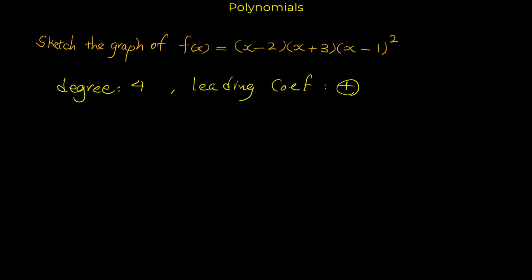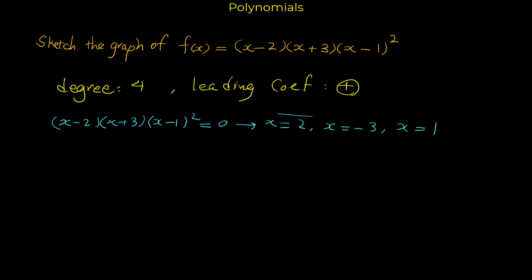What are the zeros? If we set x minus 2 times x plus 3 times x minus 1 to the 2 equals 0, we are going to have 2, negative 3, and 1 as the roots. Attention, these are simple roots, but this root comes from the factor x minus 1 times x minus 1 because it is raised to the 2.